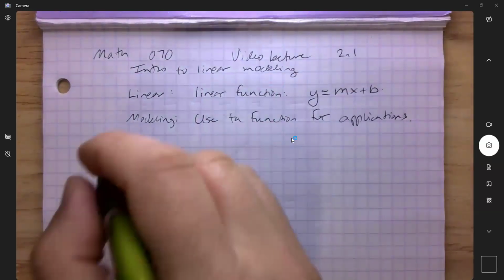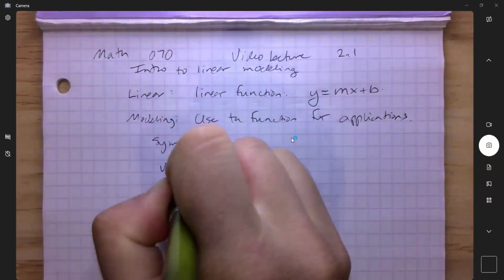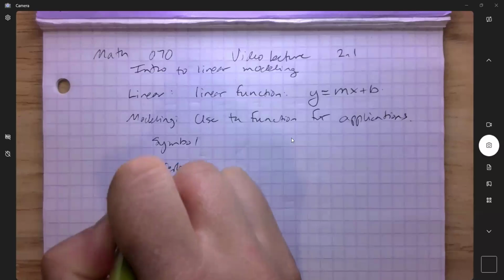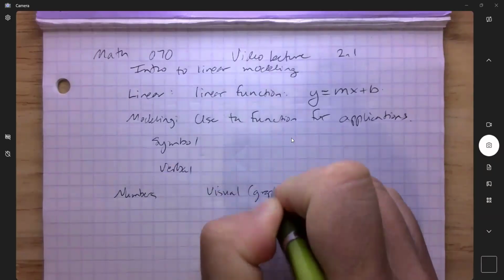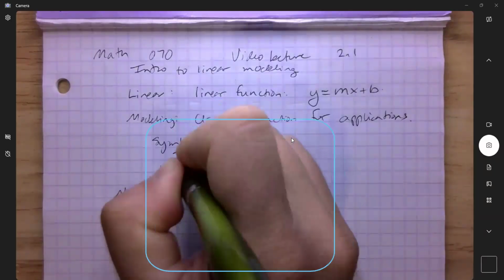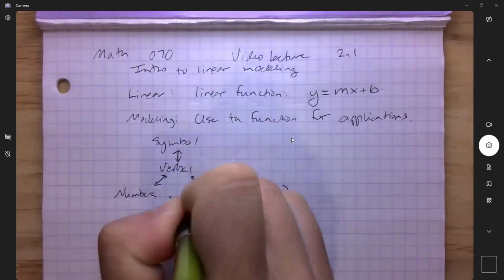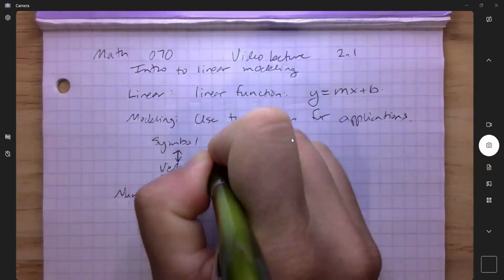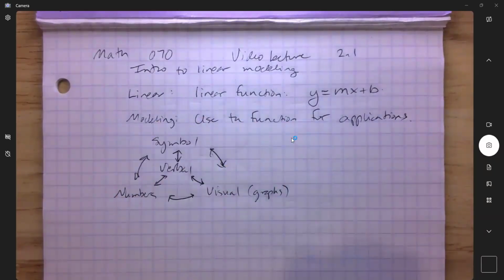about the world. So I want to remind you of our four representations of mathematical ideas, and the fact that we can connect and convert to each of them. And that doing that can help us answer questions about mathematical situations, for example, linear modeling. So in a lot of linear modeling, we start with the verbal.